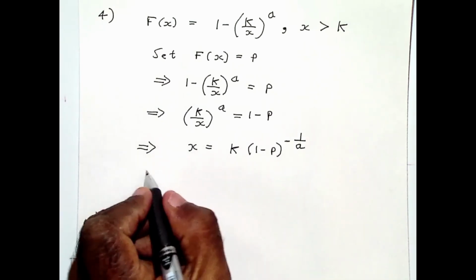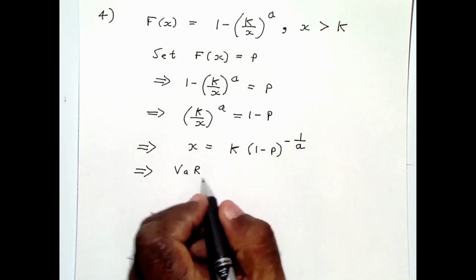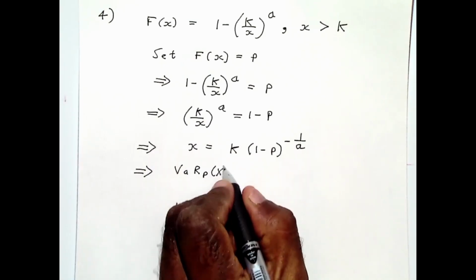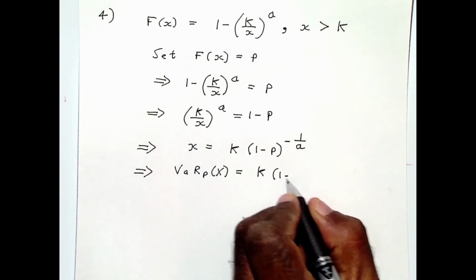Okay, so your formula for VaR is equal to k times 1 minus p to the power minus 1 over a.